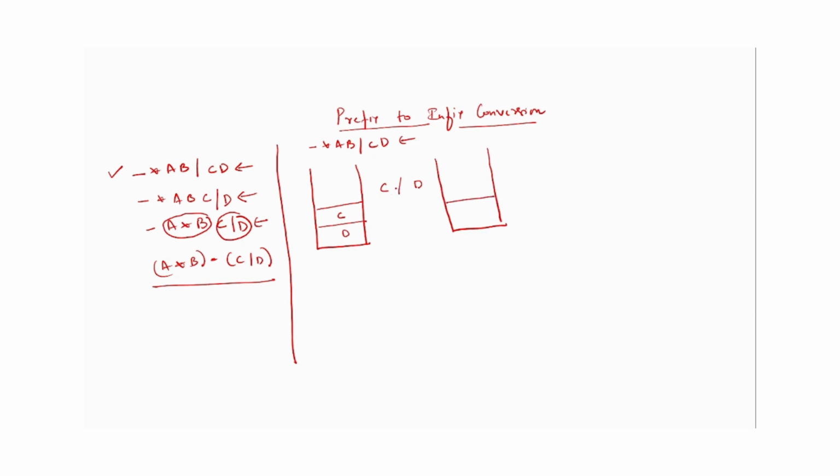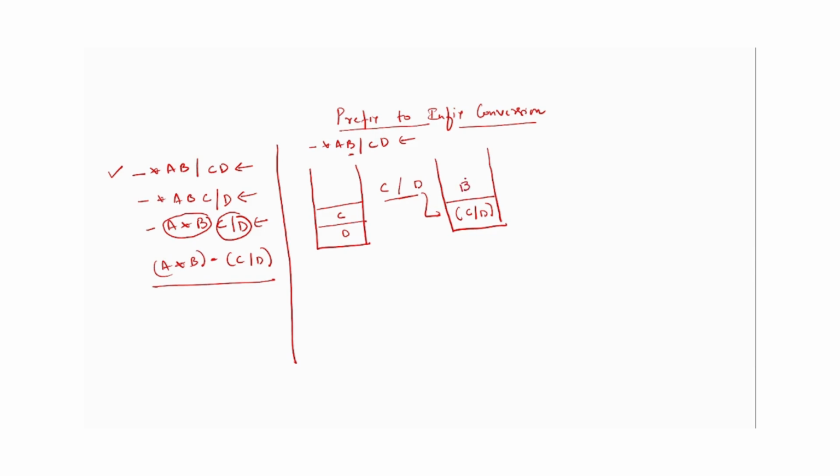After evaluating C by D, I push it into the stack and this would be the top of the stack. Then what is the operand after this sub expression? B, correct? So I'll just push B.